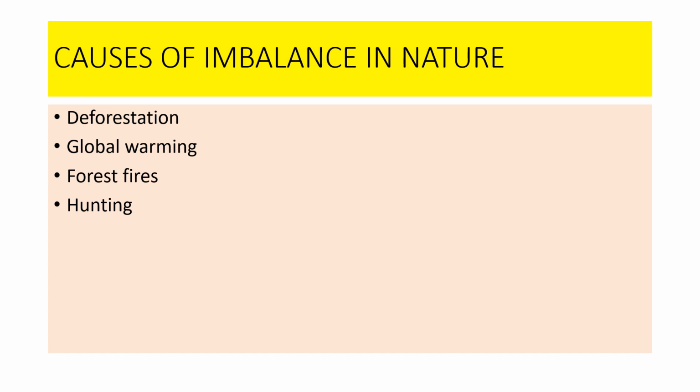Man is cutting down forests in large numbers to procure land to build houses, factories, etc. Cutting down of trees and burning of fuels result in an increase in carbon dioxide, which results in an increase in the earth's temperature, and the result is global warming.